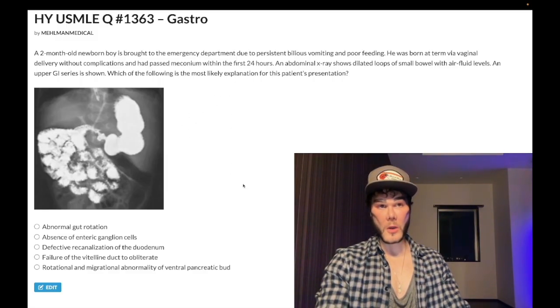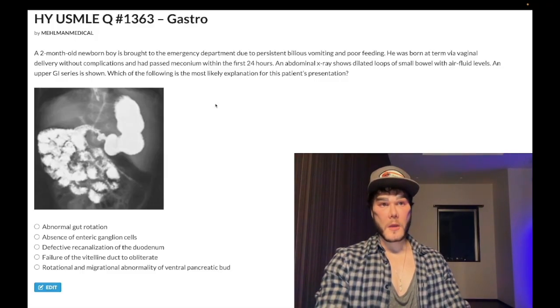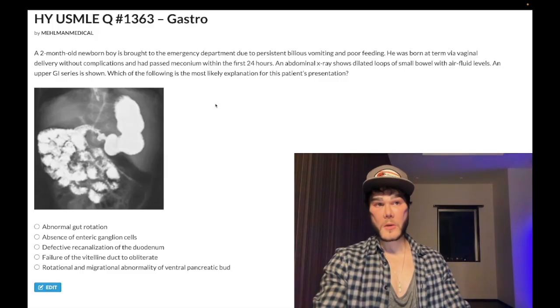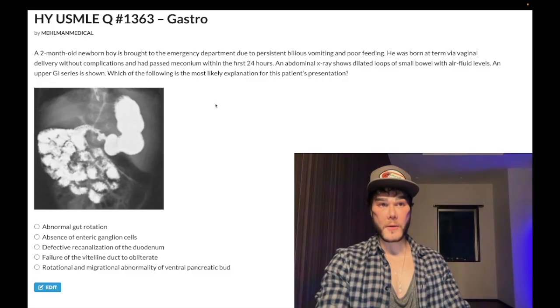The image would show a tapered distal rectum and a transition zone with a dilated, more proximal segment. Okay, now another point of clarification. The phrase meconium ileus: meconium refers to the first fecal matter of the neonate, so meconium ileus specifically is cystic fibrosis, nothing else.